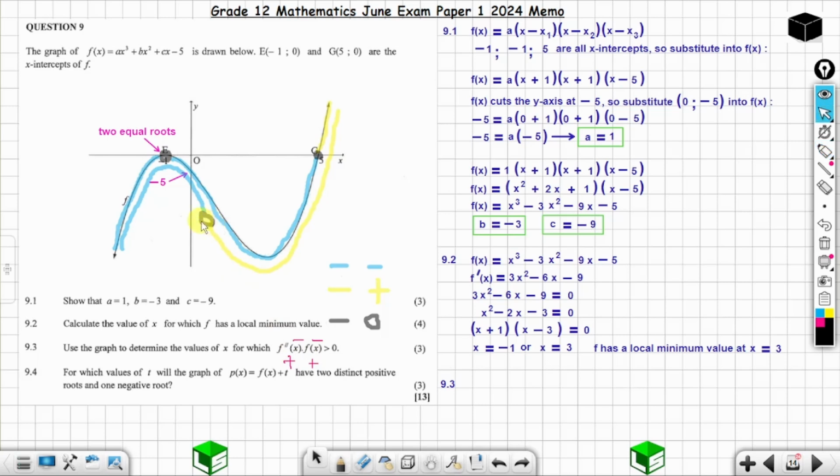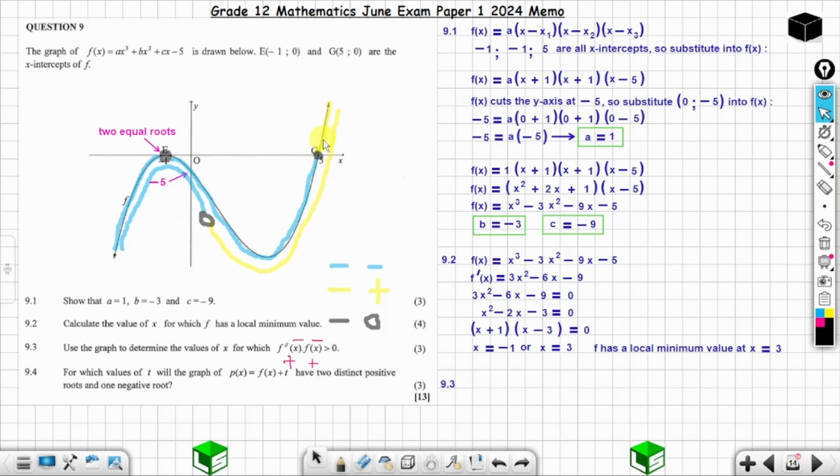The point of inflection is the point where the graph is changing from concave down to concave up. Now for you to have greater than 0, positive, you need f double prime negative and f negative, or f double prime positive and f positive. So you need this part and this part.